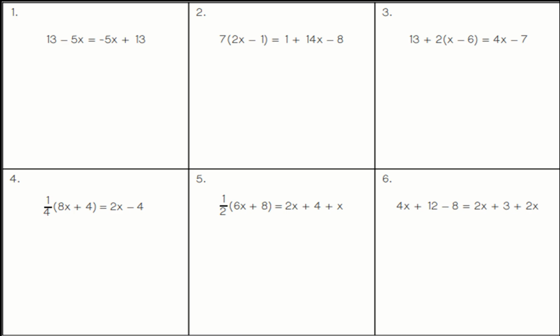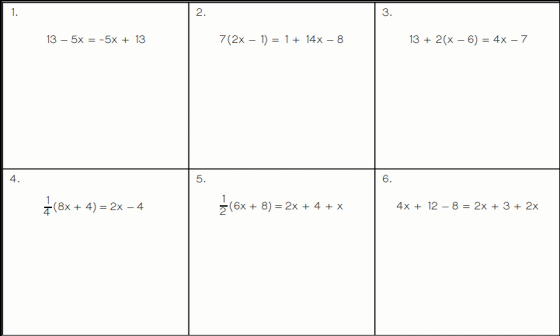Alright, so let's look at these. I'm going to do them first, okay? Alright, so we look at number 1. Is there anything to distribute? No. Any like terms to combine? No. What coefficient do I have on the left side? -5.